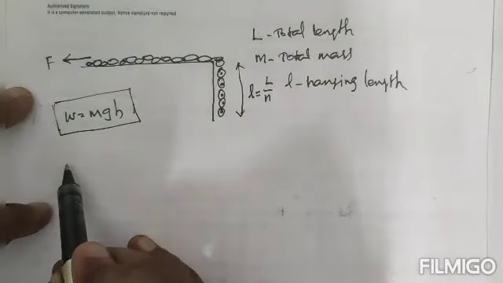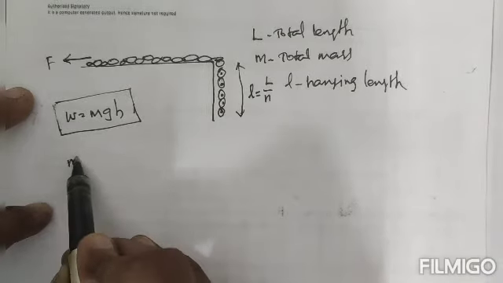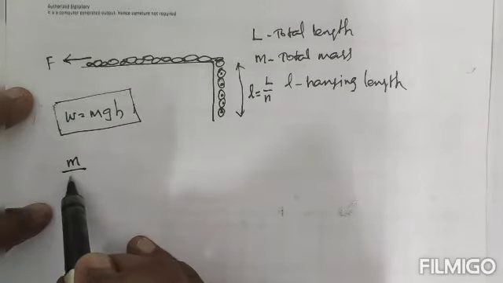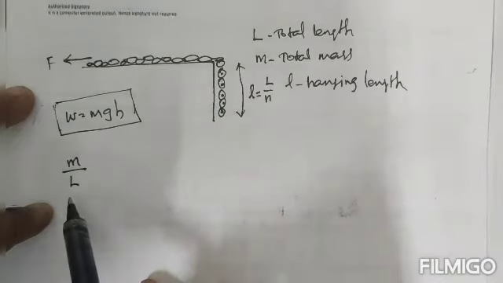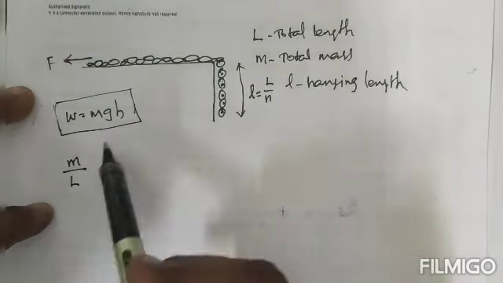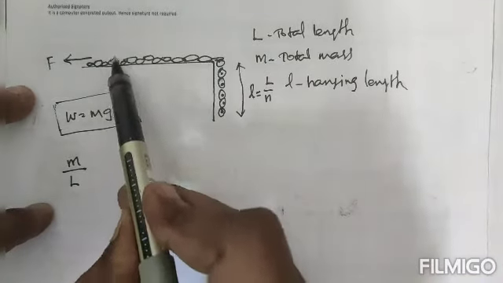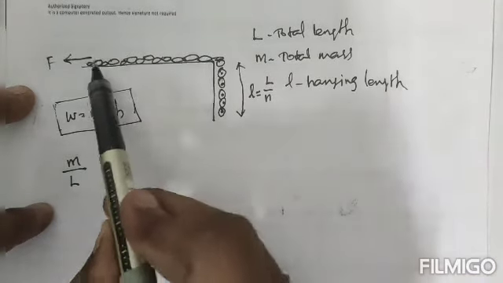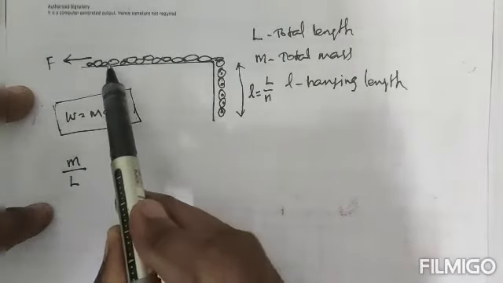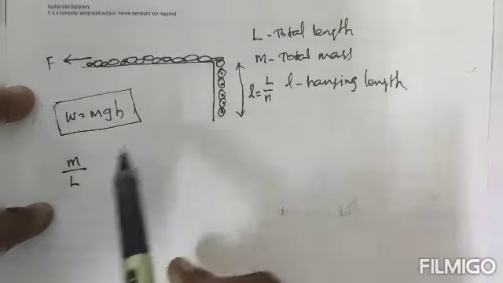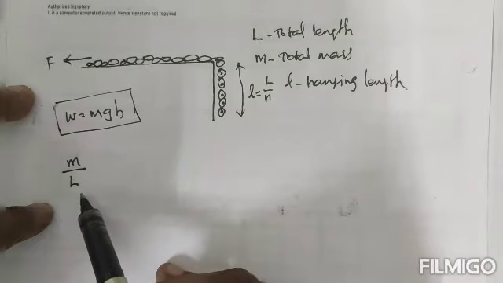The entire mass is distributed over each and every part of this body, that is m by L, mass per unit length.